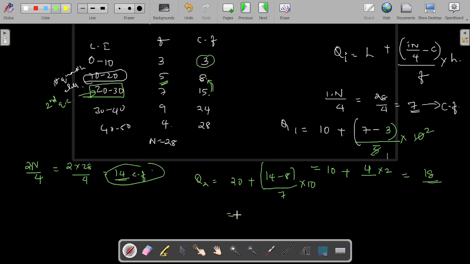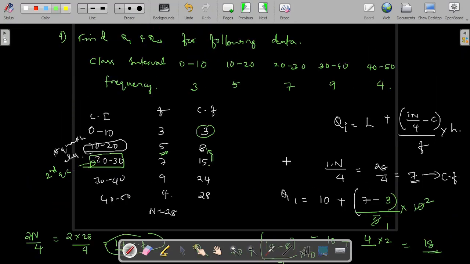So let us simplify this. 20 plus 6 by 7 into 10, which is equal to 20 plus 60 by 7, which is approximately 28.57. This is the second quartile, the median, which is not asked in the question, but I have shown how to find that. Q3 we need.